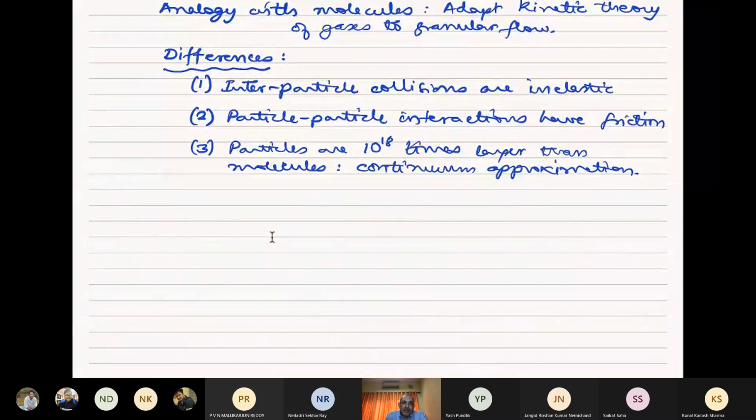But still, a lot of these ideas can be applied.